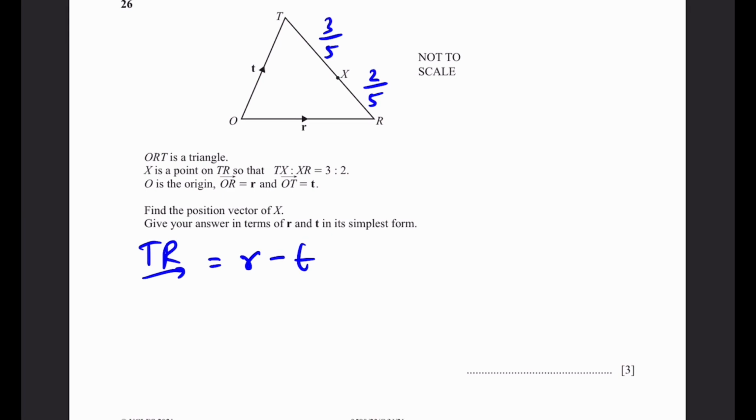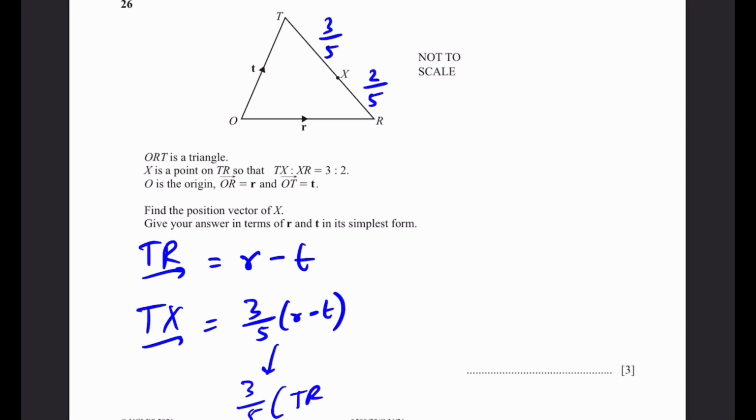So let's just find TX, because O is the origin. We can find the position vector of X with respect to O like this. Go OT and TX. So let's find TX. TX will be 3 by 5 of R minus T, because it's 3 by 5 of TR.